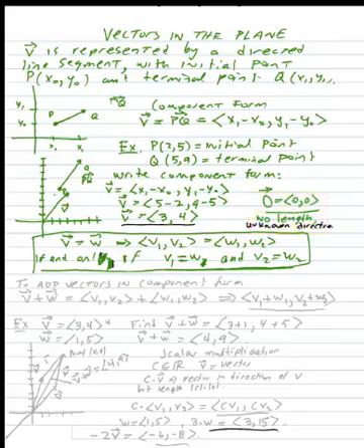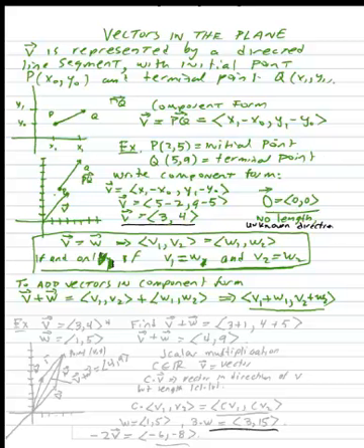To add two vectors in component form, say vector v plus vector w, where vector v is v1, comma v2, and vector w is w1, comma w2, the sum of those two vectors is the vector formed by adding each component. So v1 plus w1, comma v2 plus w2. Now remember geometrically, we said that we added the vectors tail to head.